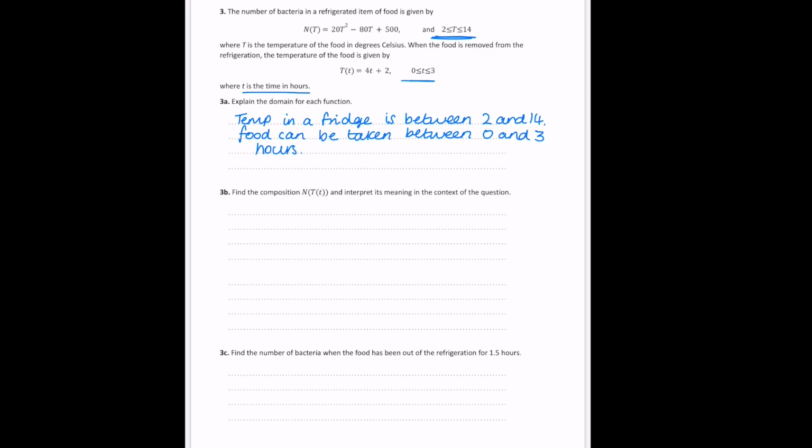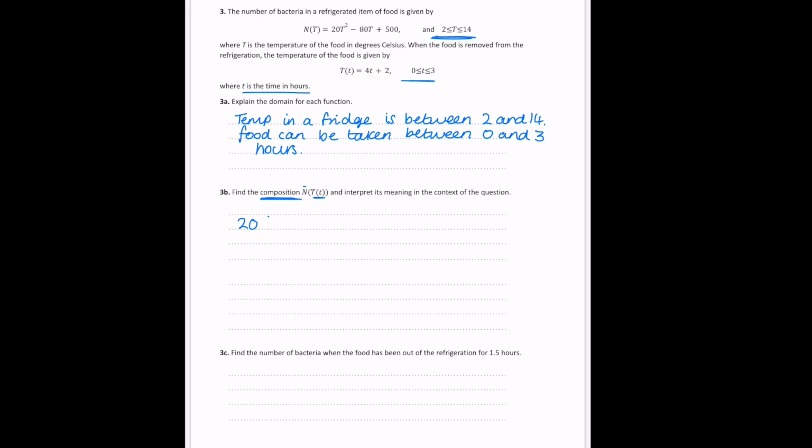So then we're finding the composition. Composition is just the composite function. It's when we're embedding them into each other, of N(T(t)). So that means that the T(t) is going inside the N function. So we have 20, and then instead of the T value here, we're going to have this whole function.